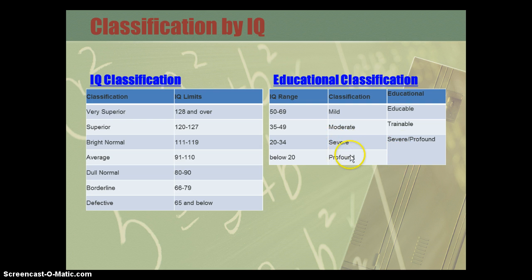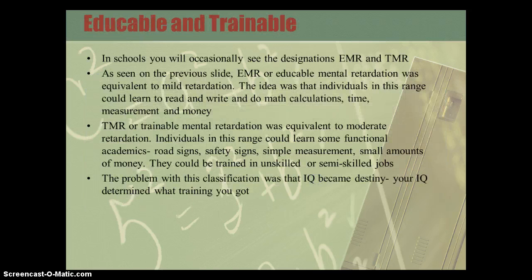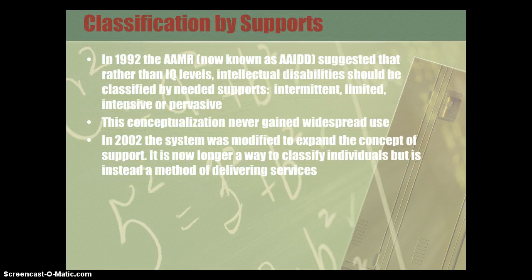We usually combine severe and profound now because you really cannot get an IQ score below 20. It just means the person is functioning so low that they don't even respond. In 1992, they suggested that rather than IQ levels, we should use needed supports, intermittent, limited, intensive, or pervasive.